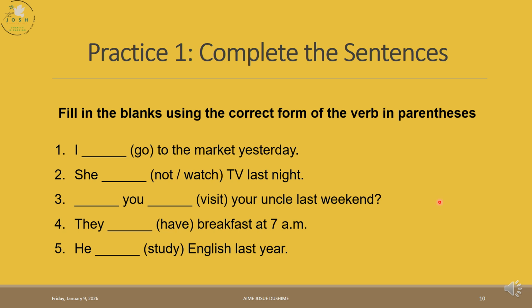What do you think is going to be the answer? First, I went to the market yesterday. She didn't watch TV last night. Did you visit your uncle last weekend? They had breakfast at 7 a.m. He studied English last year.